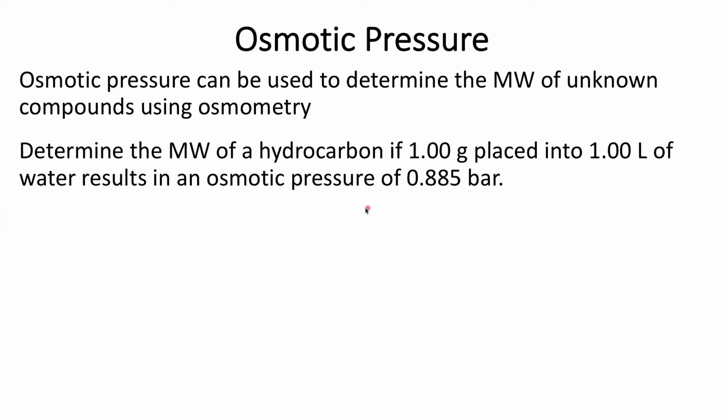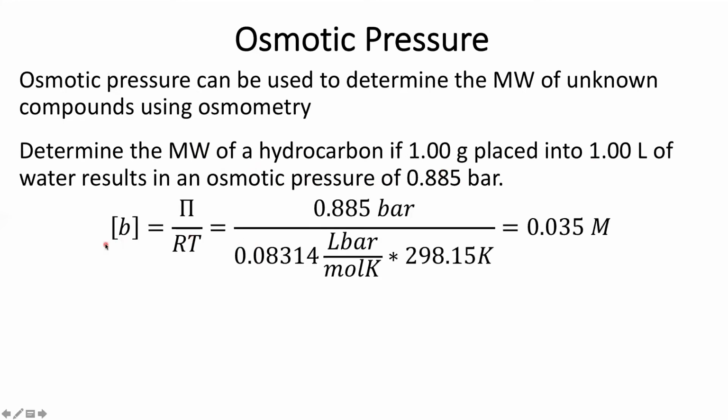So using this information, I can quickly determine the molarity of the system, as it's just going to be the osmotic pressure, 0.885 bars, over RT. So it gets me back a molarity of 0.035.